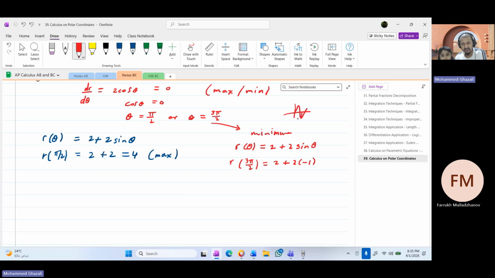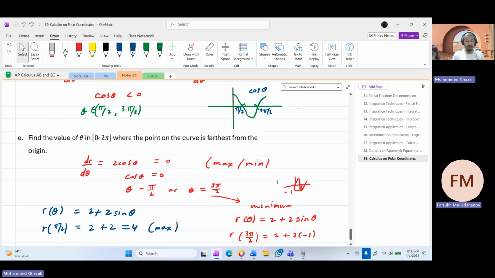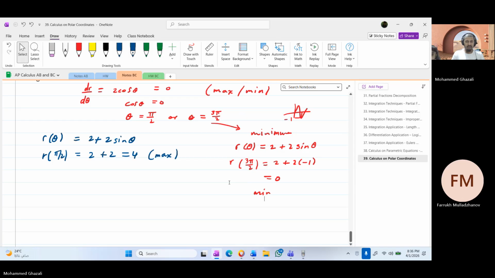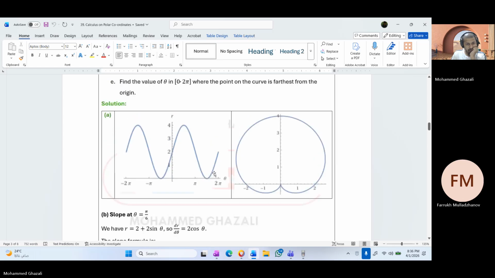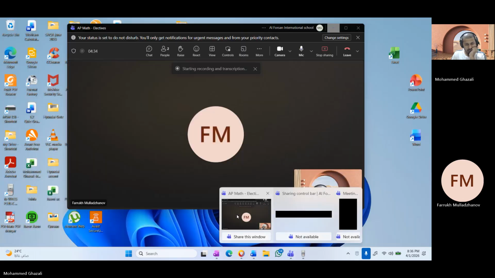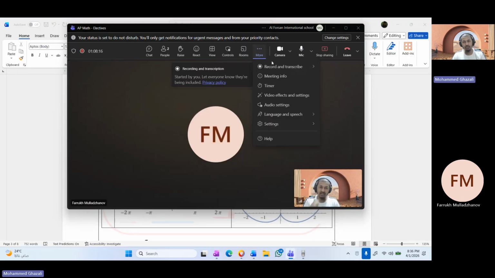You can see it is negative 1 here, right? So that will give me 0. So this is a minimum. So you understand what dr d theta solves. It solves for maximum or minimum. Make sense? Yeah, makes sense. Okay. Right, great. Okay, so that's what you need to know. I hope you understood everything.